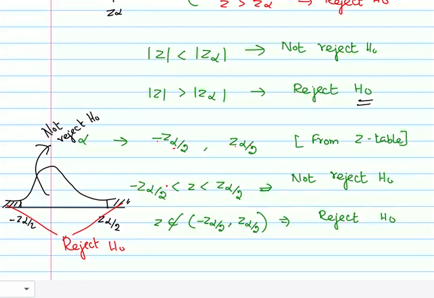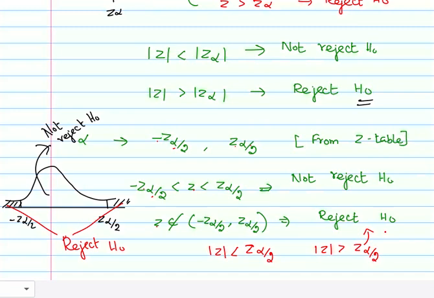These are the reject regions at both ends, and the middle is the not reject region. Whenever z lies between minus z alpha by 2 and z alpha by 2, you do not reject h naught. Whenever z does not belong to this region, you reject h naught. That is, whenever mod z is less than z alpha by 2, you do not reject the null hypothesis. Whenever mod z is greater than z alpha by 2, you reject the null hypothesis.